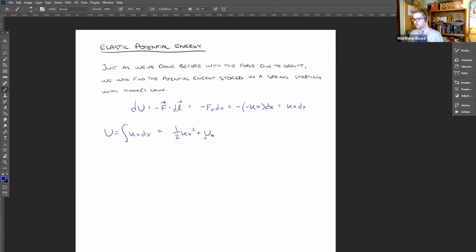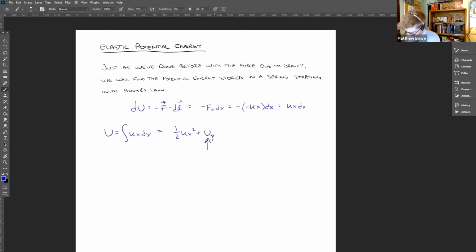It's whatever the potential energy is already in the spring. And this is the same thing I could say with the gravitational potential energy. If I am stretching or compressing a spring, I'm putting in some potential energy. But if I leave it alone and just let it sit there, that's its initial state.